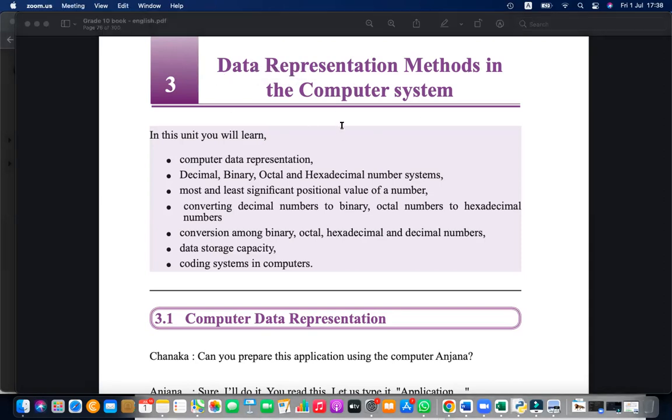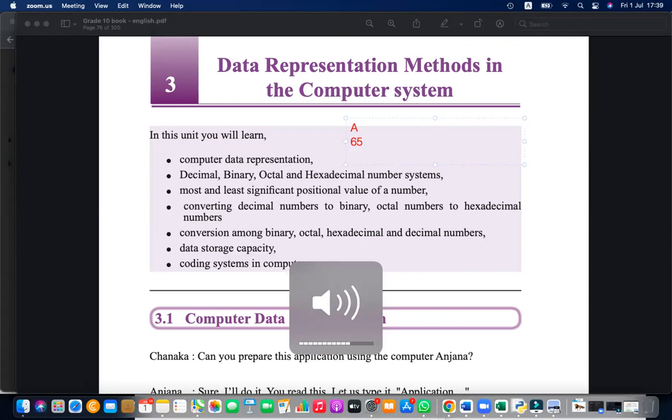If you want to represent this in the computer, there is a value for this. You can remember that is the ASCII value, 65. So can you tell me what is the binary value of 65? The ASCII value is 65.